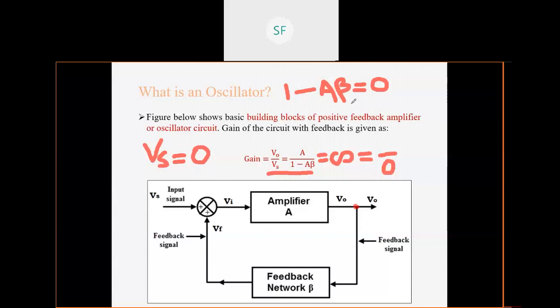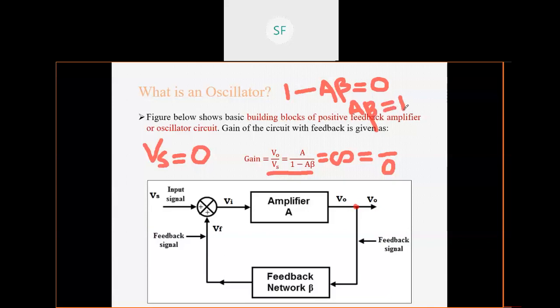Now what does it mean? What will be the value of A beta? A into beta equals 1.